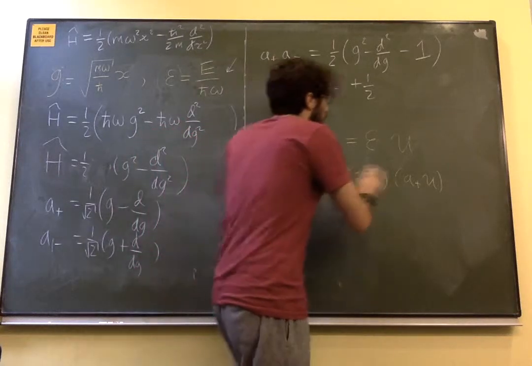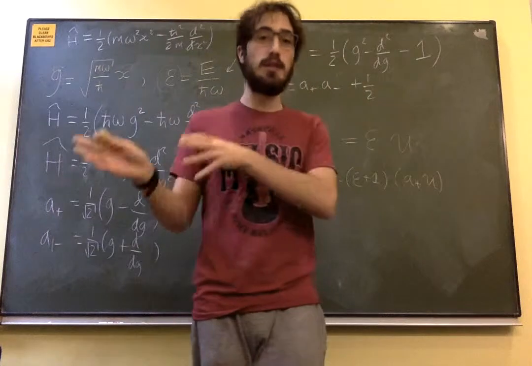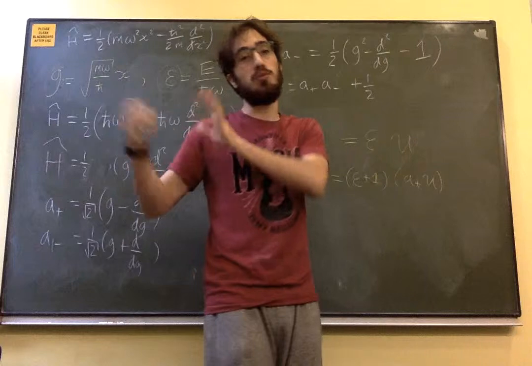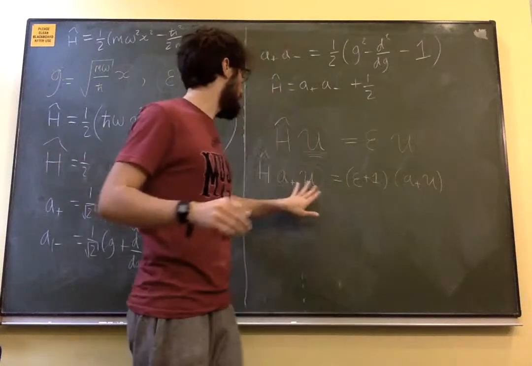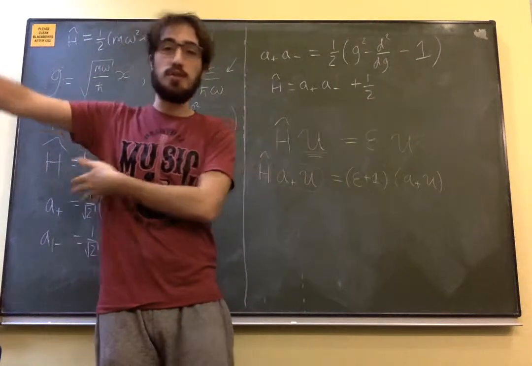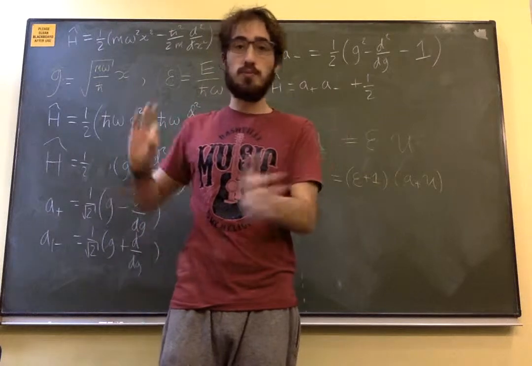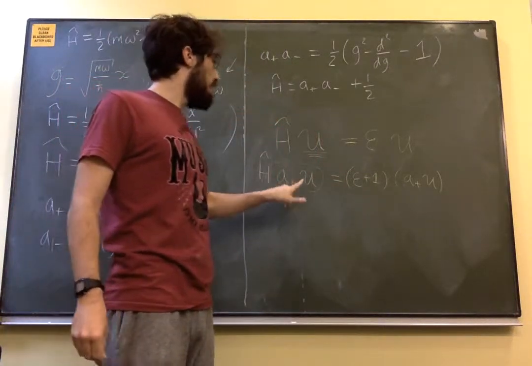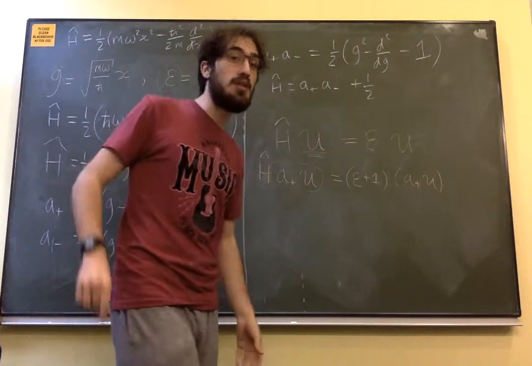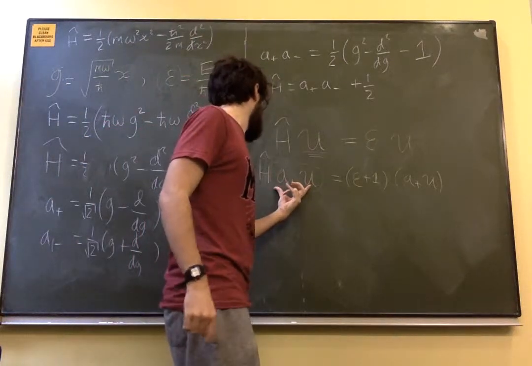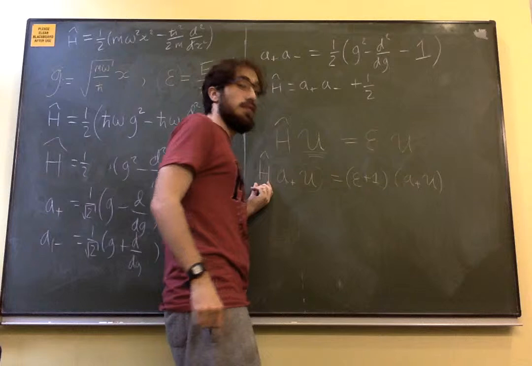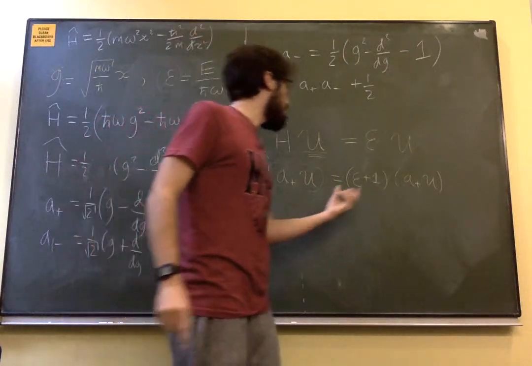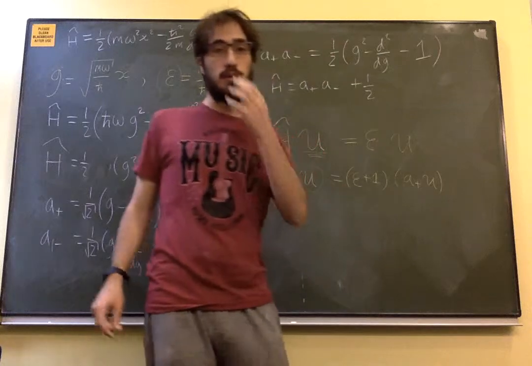It sends me to a new state function, a new wave function. But this new state function is still actually an eigenfunction of H. And furthermore, the eigenvalue is now epsilon plus 1.